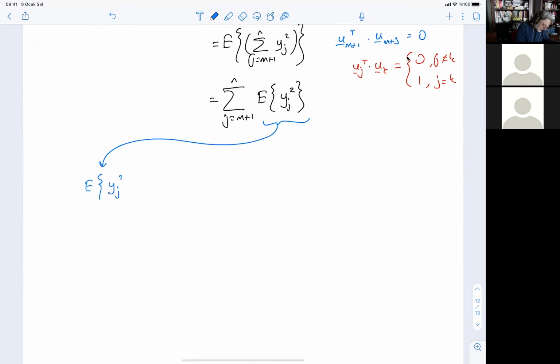What is it? How can I express this? y_j squared, one term inside this summation. And that term is the expected value of y_j transpose times y_j.